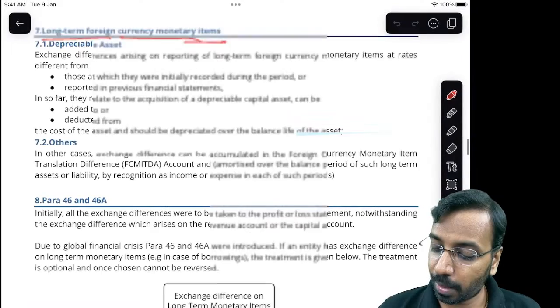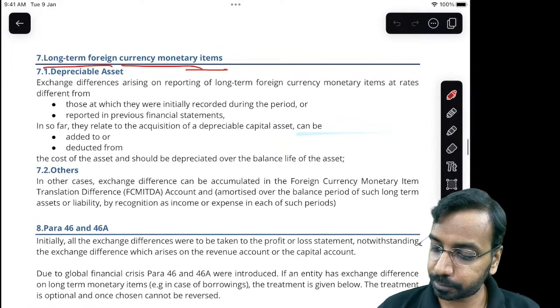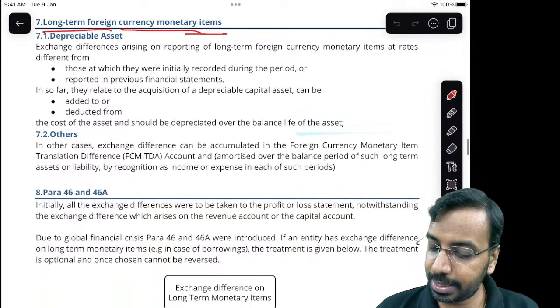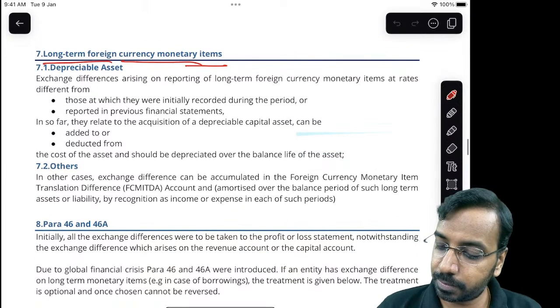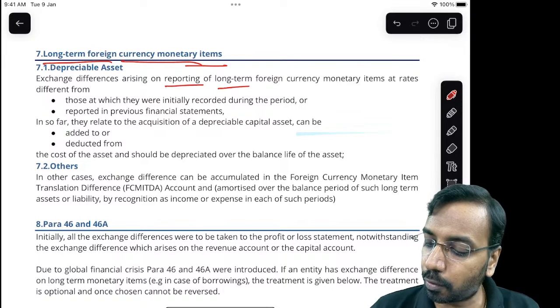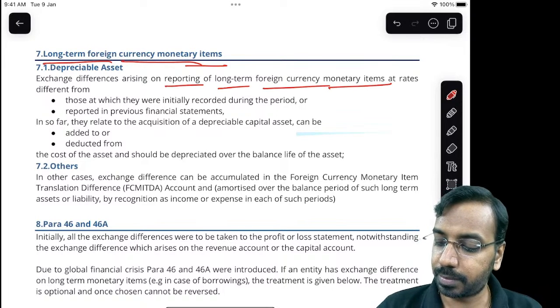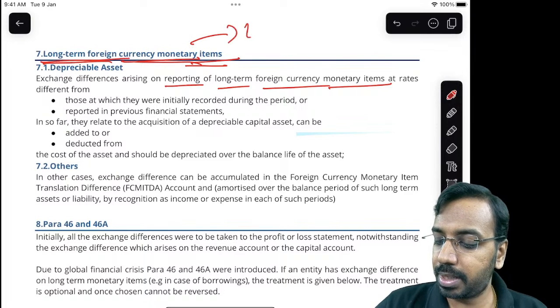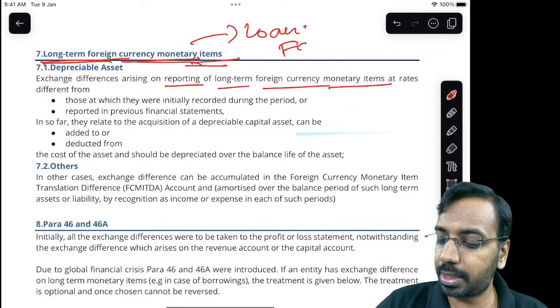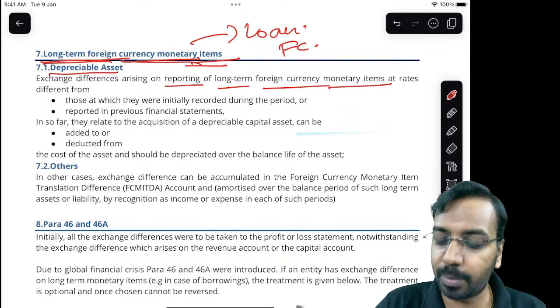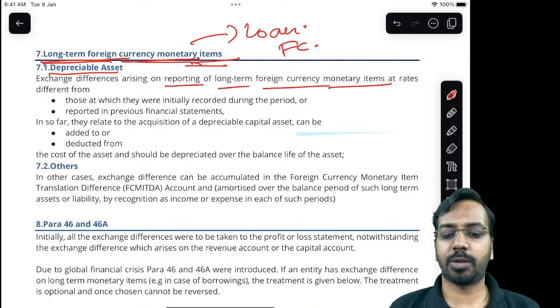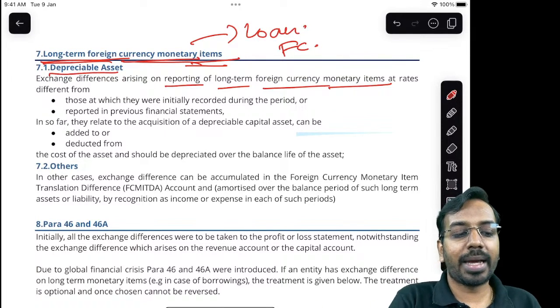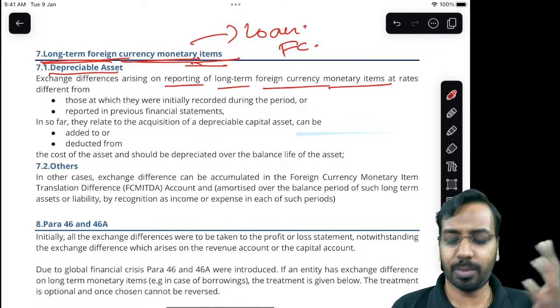So for that, there is an option for exchange difference arising on reporting of long-term foreign currency monetary items, that is, basically a foreign currency loan, in relation to a depreciable asset. In relation to a depreciable asset means I took the loan for buying a depreciable asset, plant and machinery.